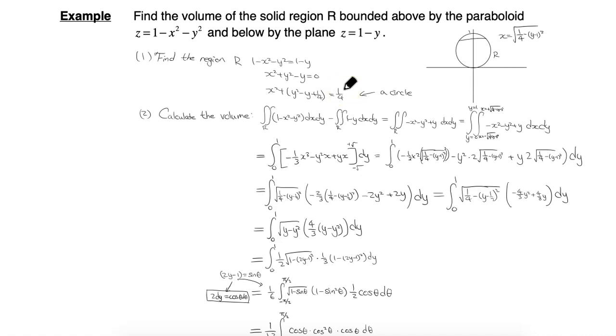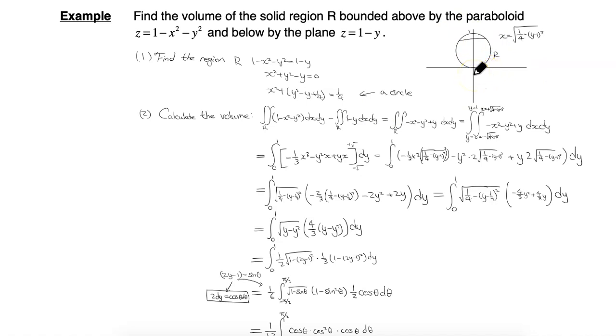Okay, so to find the volume, we're going to have to find the double integral over the surface that is on top and subtract the volume for the surface that is below. So double integral of the paraboloid minus double integral of the plane over the region that we have just figured out, which is the circle. So how are we going to define R?